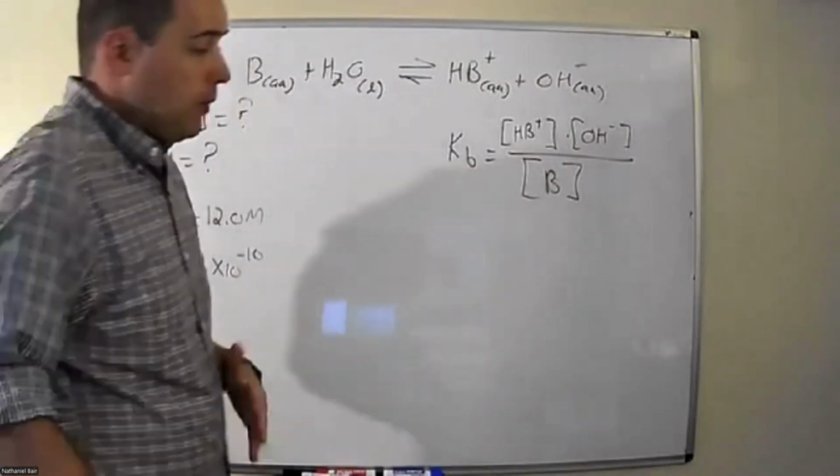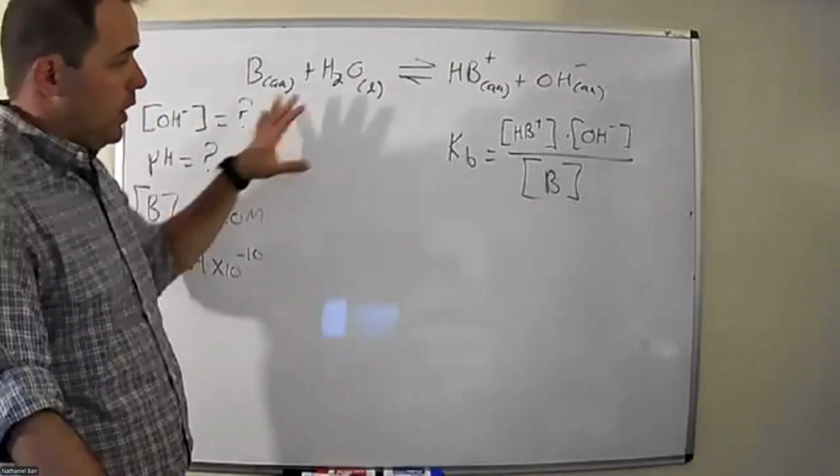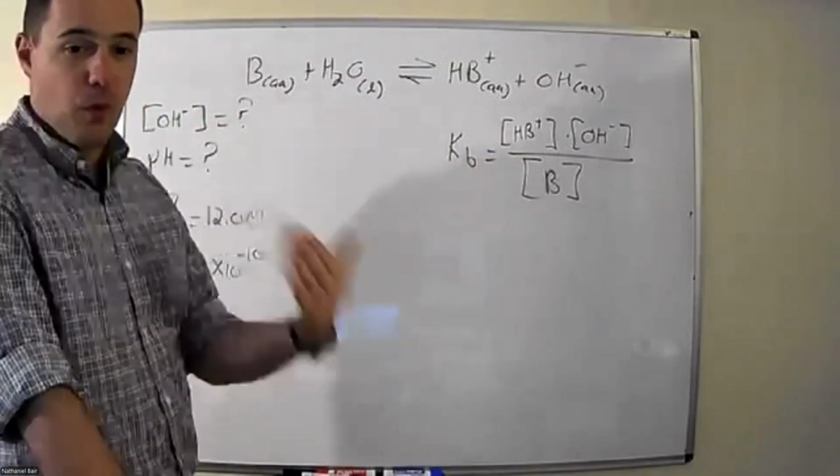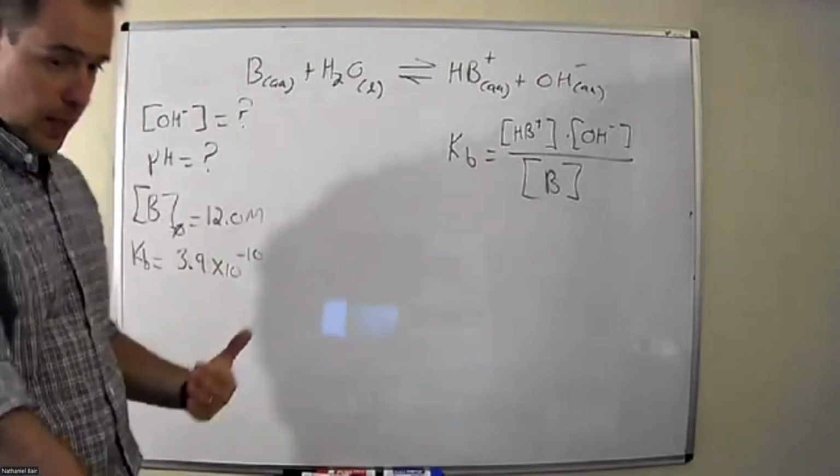So here's what we've got to do. We've got to make an ICE table. Again: equation, mass action expression. What comes next? ICE table.